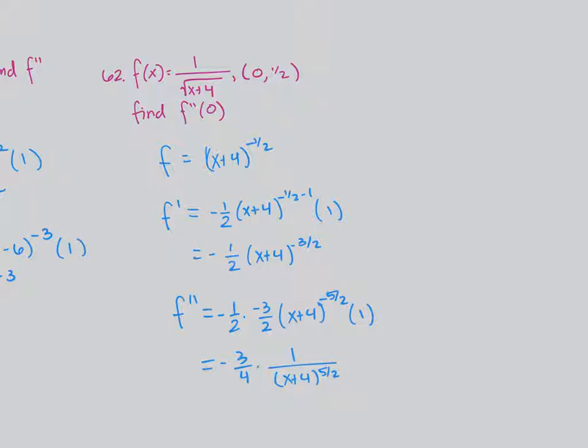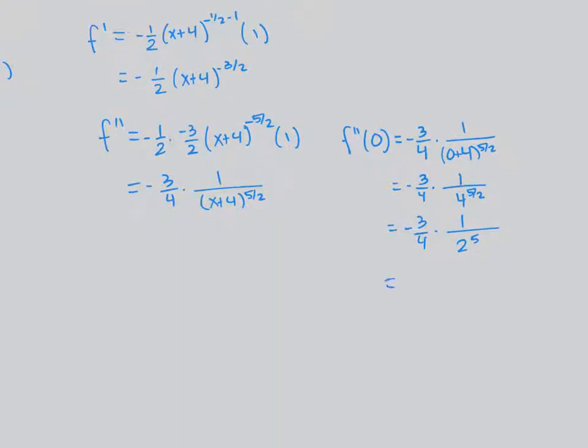Okay? We're not done though. We found the second derivative, but we need to find the second derivative at 0. So f double prime at 0. I'm going to plug in a 0 everywhere I see an x in my second derivative. So it's negative 3/4 times 1 over (0 plus 4) to the 5/2. So this is negative 3/4 times 1 over 4 to the 5/2, which is the same thing as negative 3/4 times 1 over 2 to the 5th power.